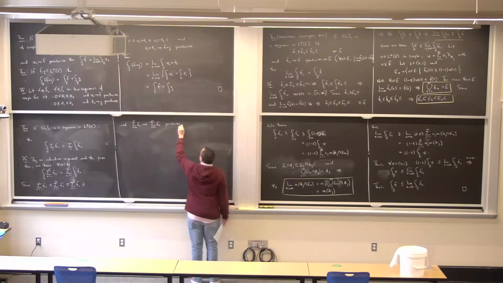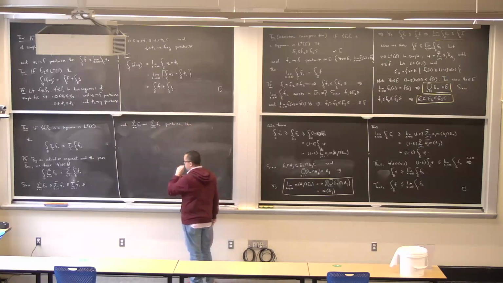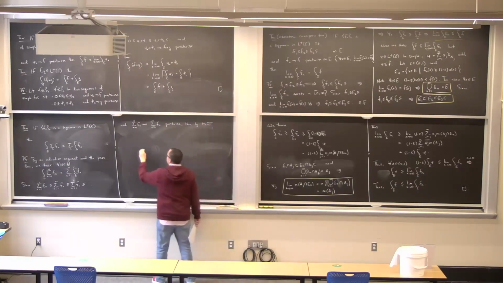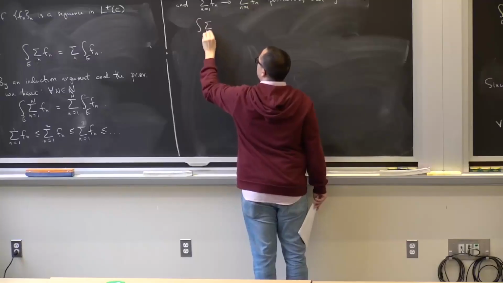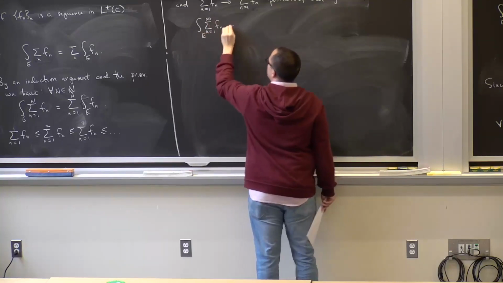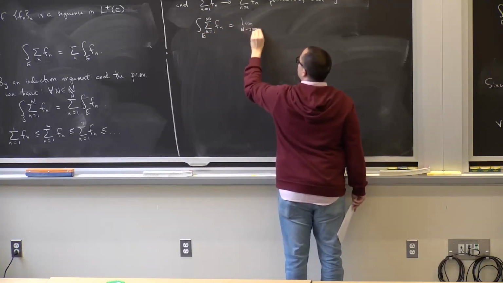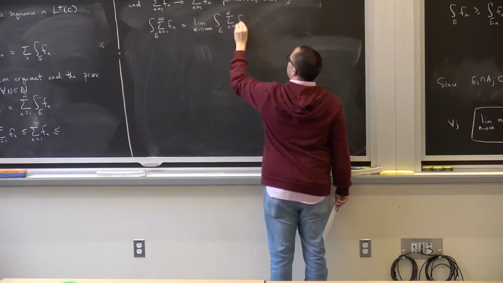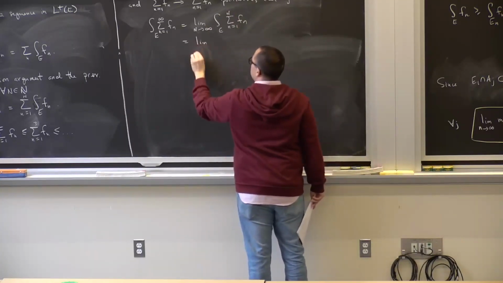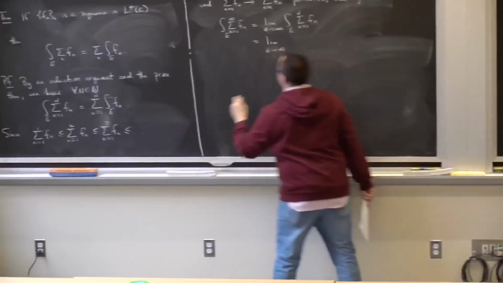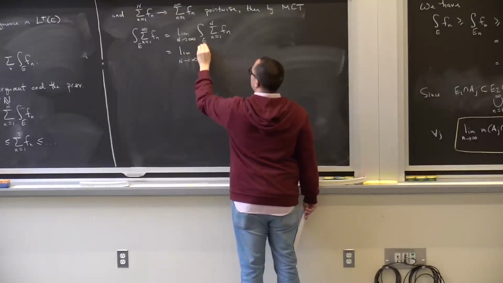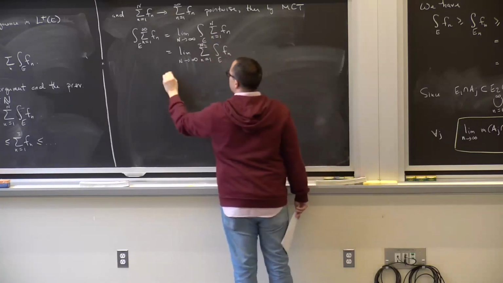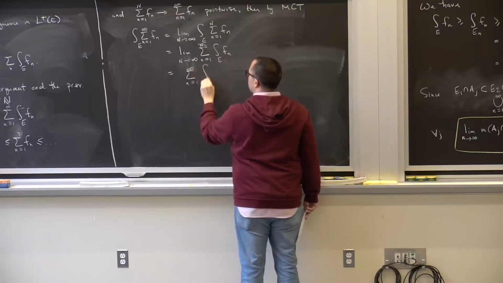All right, since I have these two things, then by the monotone convergence theorem, I get that the integral of the sum from n equals 1 to infinity of Fn over E is equal to the limit as capital N goes to infinity of the integral over E of the sum from n equals 1 to capital N, which, by what we have right here, is equal to the limit as capital N goes to infinity of, now the finite sum comes out, and this is by definition this infinite sum.